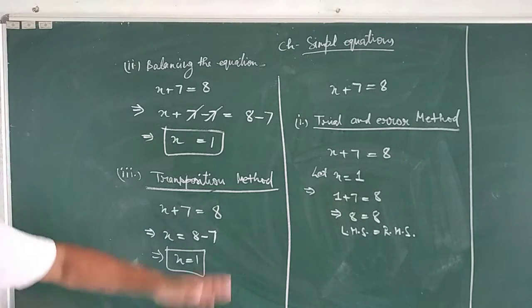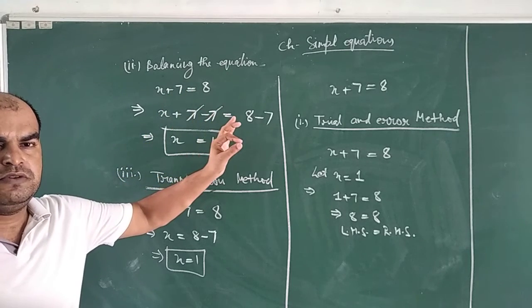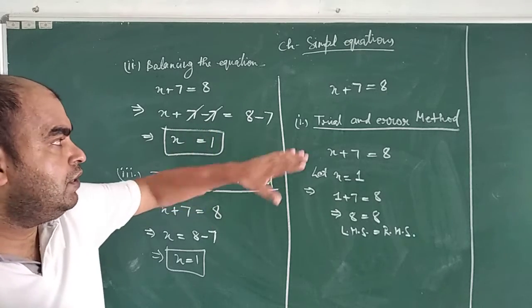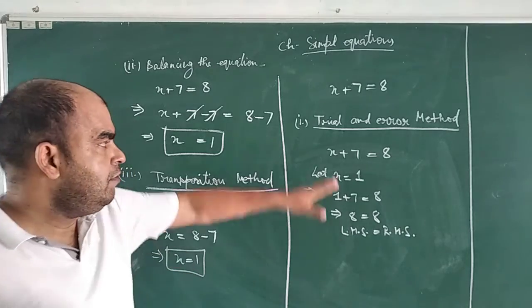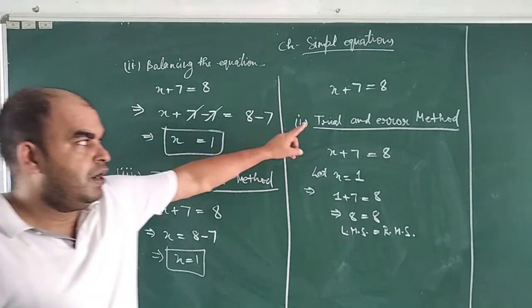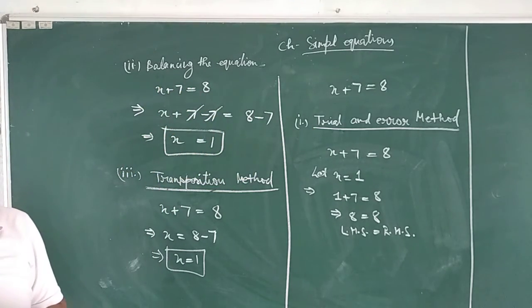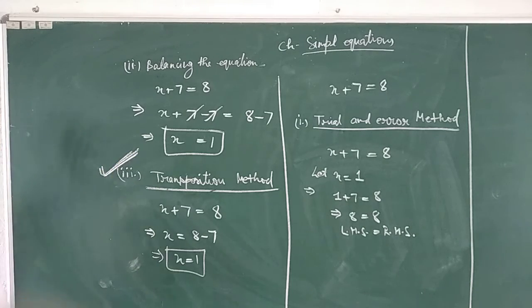I showed you a very simple equation, but don't think only this type of equation will come; it can be difficult also. But by this simple equation you can understand the basic concept of the trial and error method, balancing the equation, and the transposition method. And transposition is the method we will use.